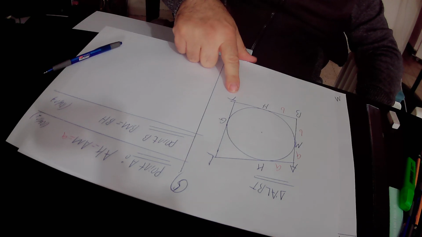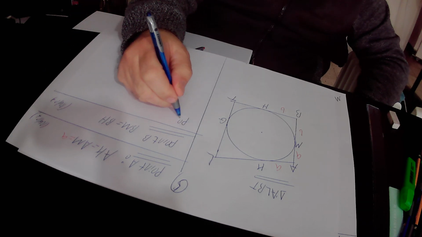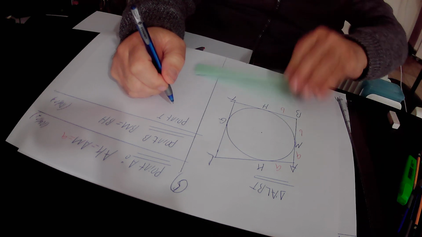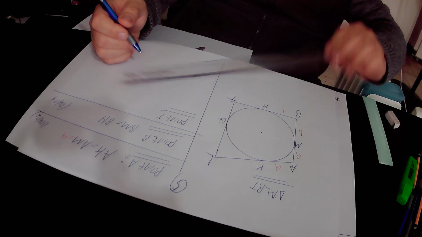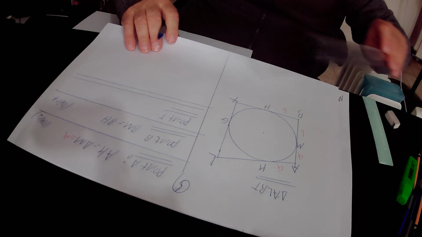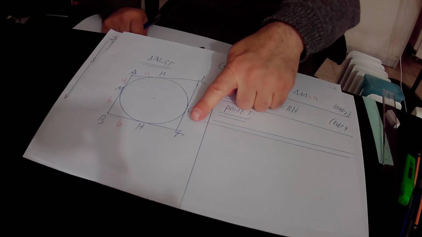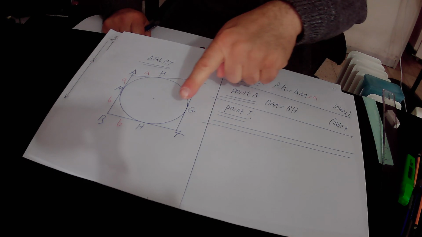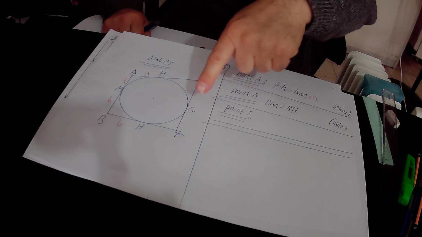In the next step, we will focus on this common external point, point T. From this common external point, point T, we have two tangents to this circle, tangent TG and tangent TH. And according to rule 2, they are equal to each other. That is to say, TG equals TH.